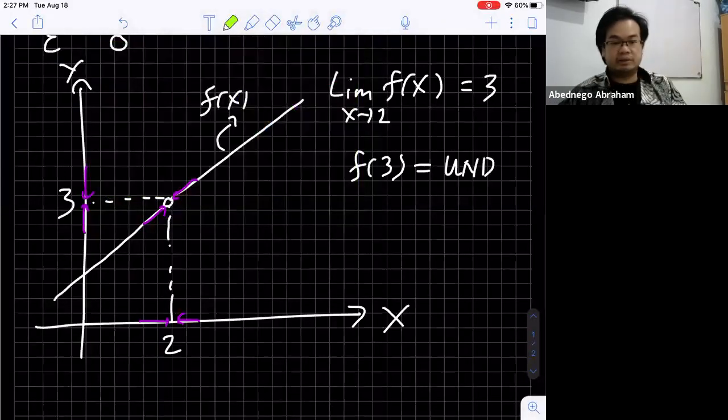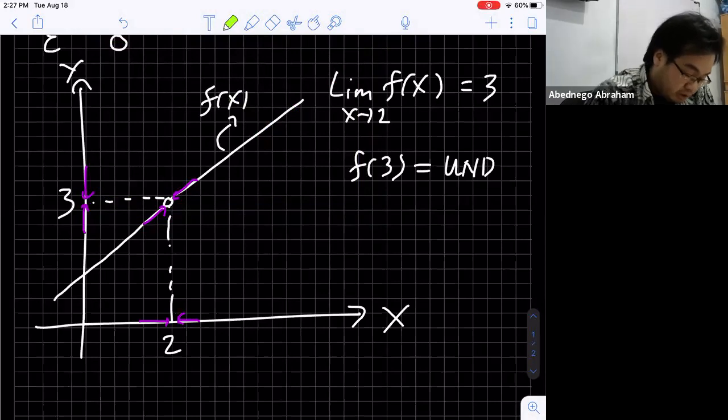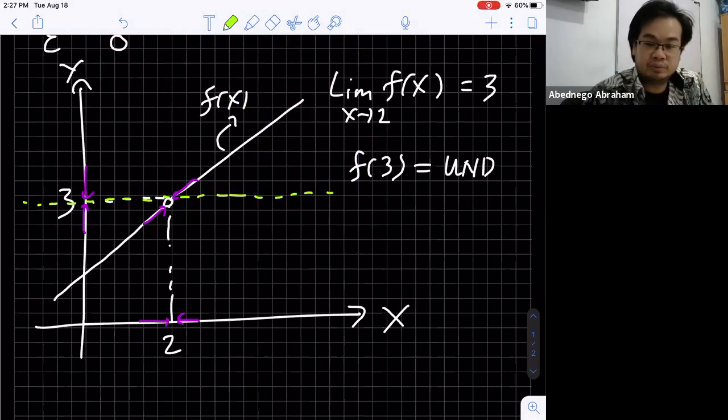Now let's start with epsilon first. What is epsilon? Epsilon is the distance between the limit value and a certain y value. We have here L equals 3, so I'm going to draw a horizontal line at y equals 3. Epsilon is defined as the distance between y equals 3 and a certain value of y.